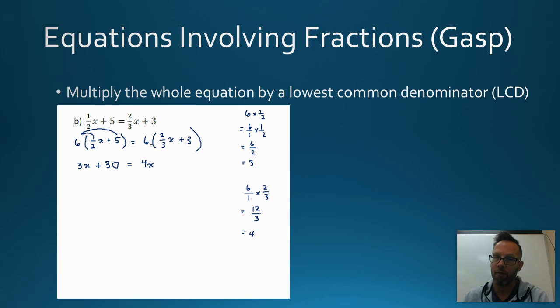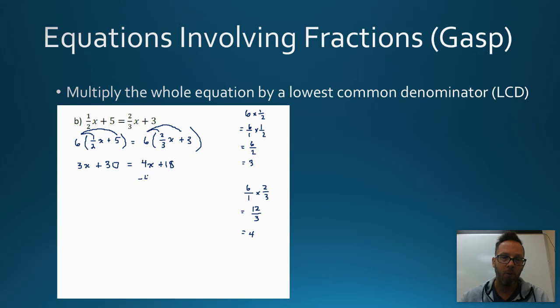Or you could just do 6 times 2 is 12, divided by 3 is 4. Many of you could probably just visualize 2/3 of 6 and say, okay, it's 4. And 6 times 3 is 18. So we apply the distributive law on this side, and we've turned that messy equation with fractions into one with no fractions, and life is good.